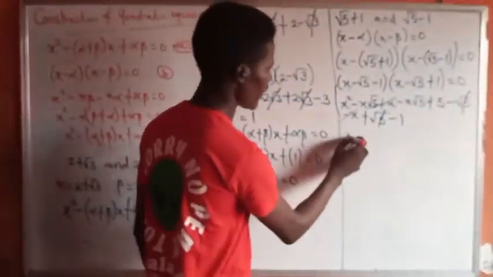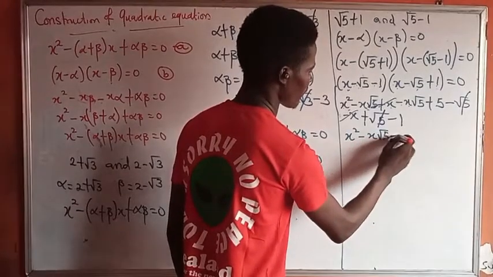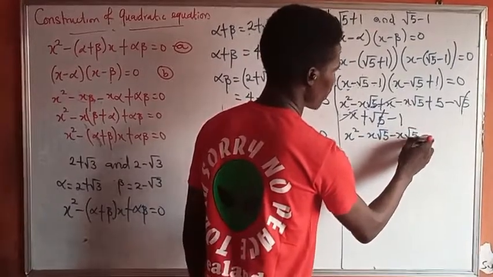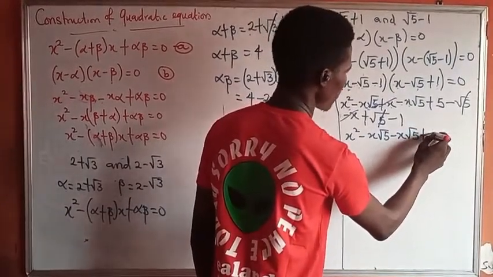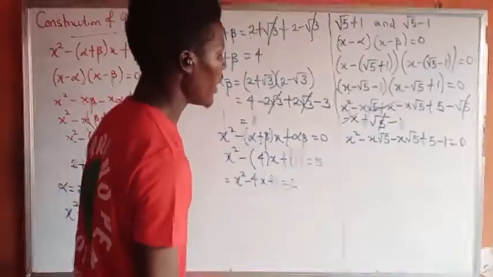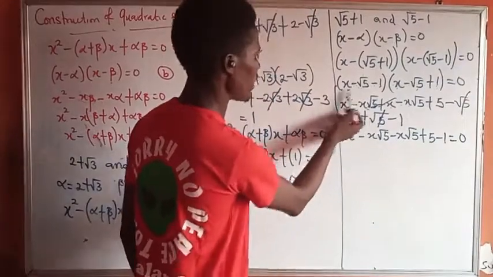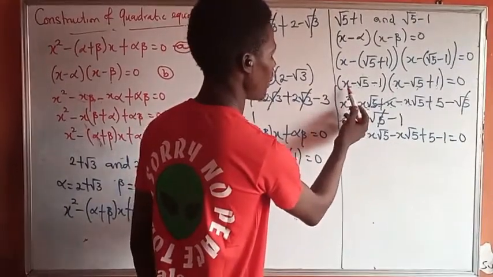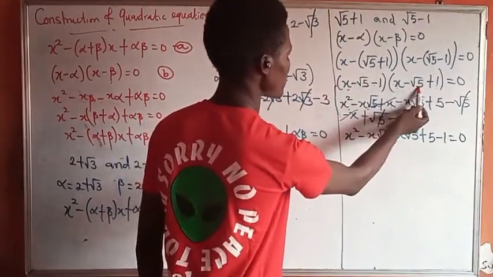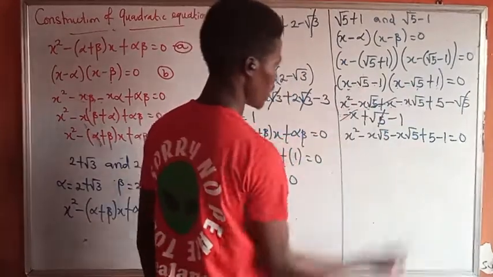So I have x squared minus x root 5 minus x root 5 plus 5 minus 1 equals 0. Let me check that again. x times x is x squared. x times this is this. Yes, okay, I think that's all.